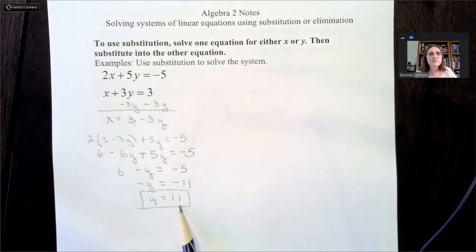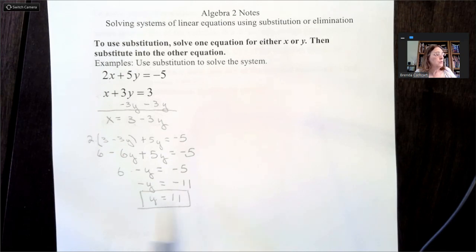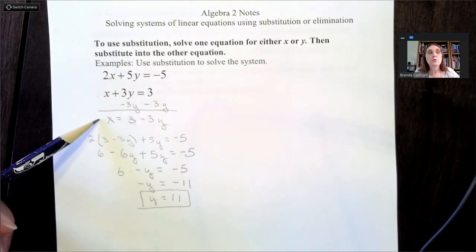We're going to take this value for y and substitute it back into one of the two equations that we started with, or a form of that equation. The easiest way to do that is to use the form x equals 3 minus 3y because it's already solved for x.